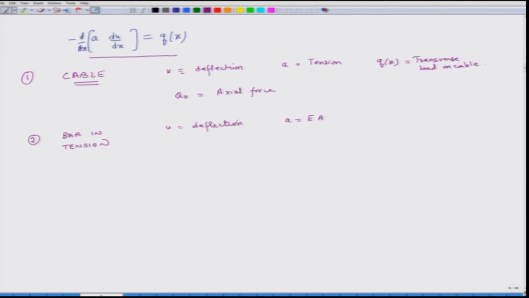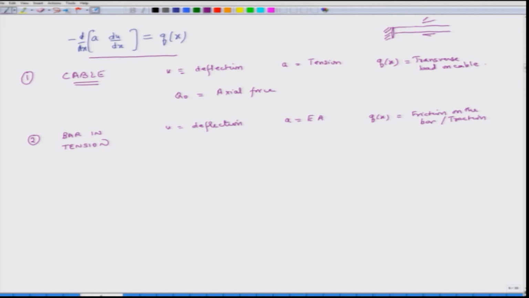Then this q corresponds to friction on the bar, or some people can call it traction. So, what does it mean? Suppose I have a bar like this, let us say the bar is fixed here and I am applying some friction here.